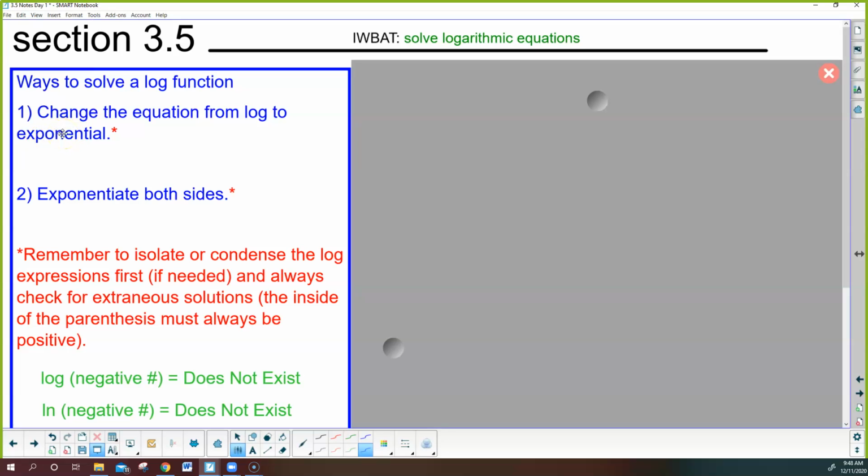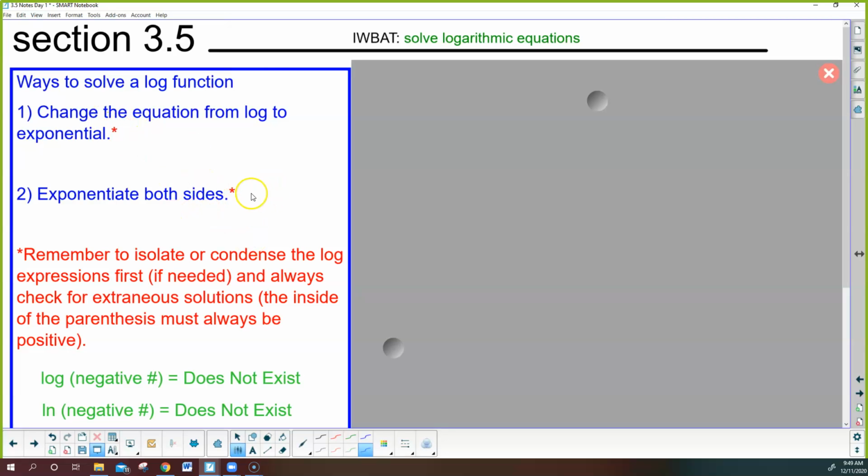We've done that before, but we've never solved log equations. The other method we're going to look at is exponentiate both sides. And I personally like the second method the best. I'll show you both, and then you get to decide which method works best for you. And to be honest, it depends on the problem which one is easiest.